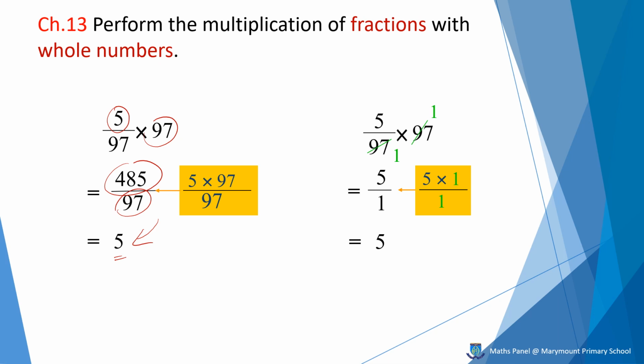For the right-hand side, the same question, but if you reduce the fraction first, 97 and 97, you may reduce it as 1. So for the numerator, 5 times 1 equals 5, and for the denominator, it is equal to 1. So the final answer is 5 over 1, which is 5. So which one is easier?